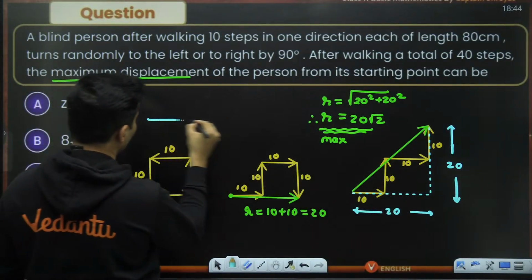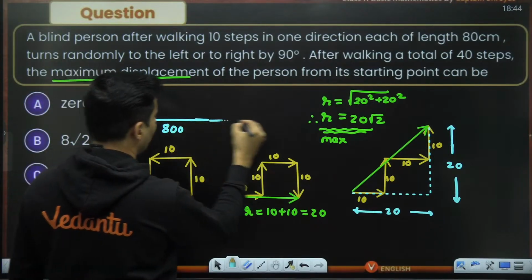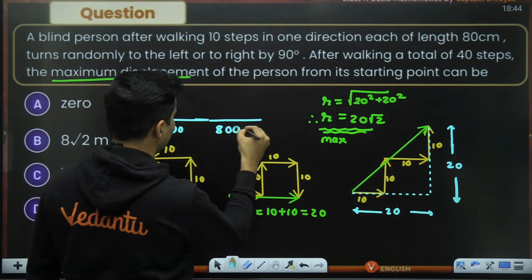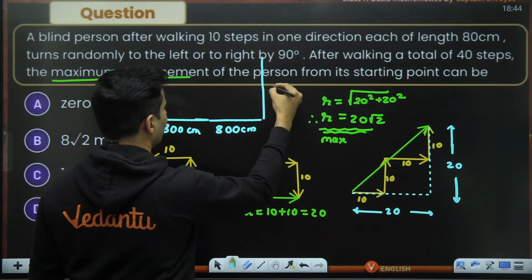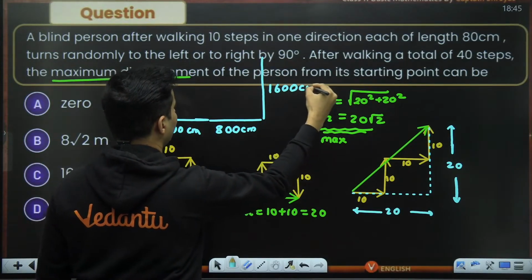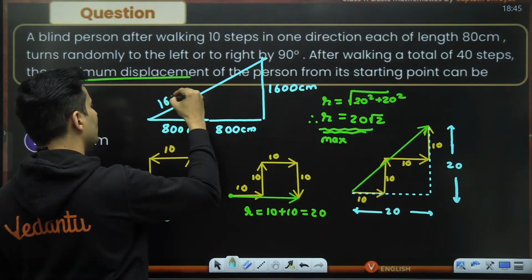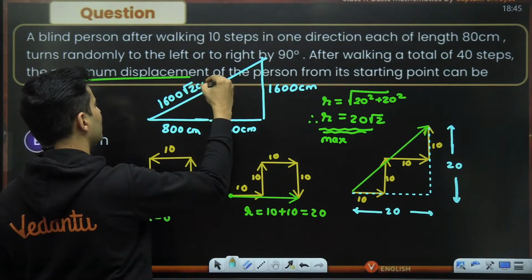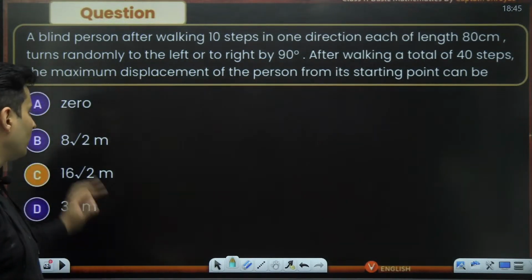The total length will be 800 centimeters plus 800 centimeters over here, and same thing over here also, which will make it 1600 centimeters, which will make it nothing but 1600 root 2 centimeters, which after division by 100 will give me 16 root 2 meters.